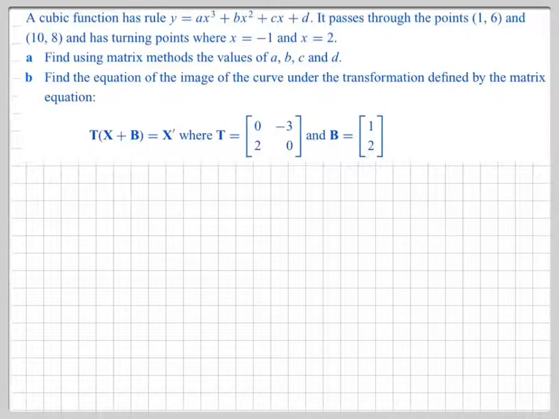And the x dashes and the y dashes, the transformed ones, reside in the capital X dash term. So we have to solve that beastly matrix thing for capital X. And then once we get that, we've made little x, little y the subject, because they're inside capital X, if you know what I mean. And then we can just plug the key straight into the equation, and we get our image. That is my game plan.